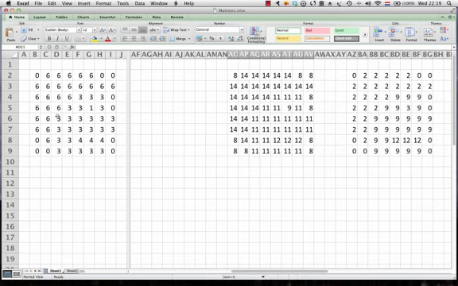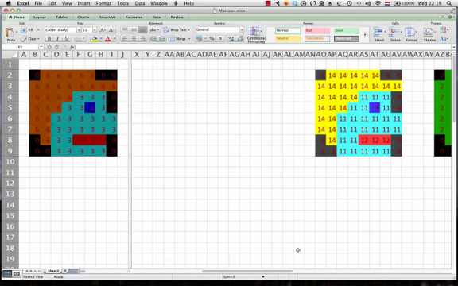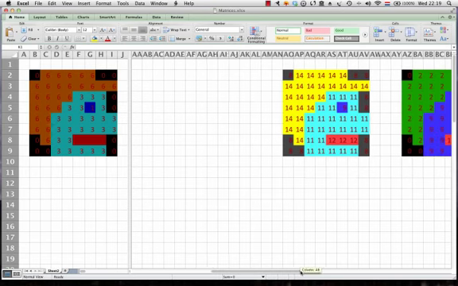For instance, 3 times 3 becomes 9. 4 times 3 becomes 12. 6 times 3 of course becomes 18, but since I only have 16 colors, I multiply by 3 modulus 16. So therefore the result is 2. The picture that is the result of this change is this.